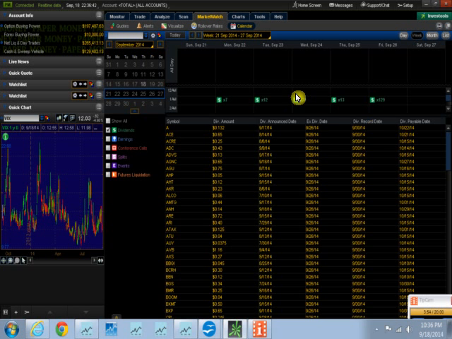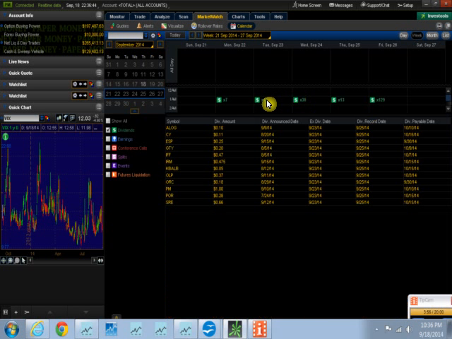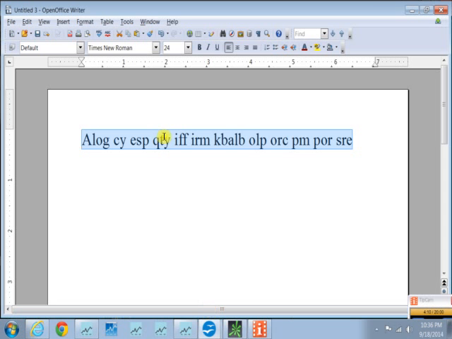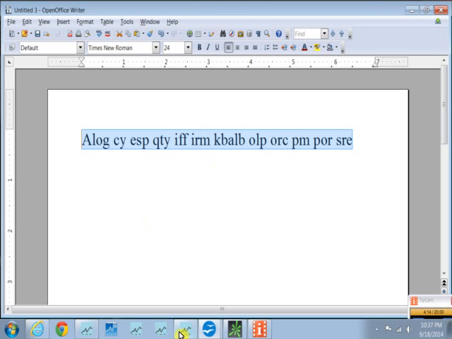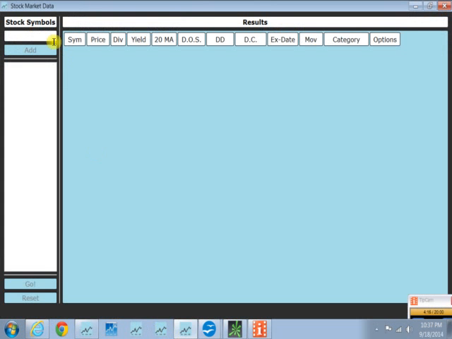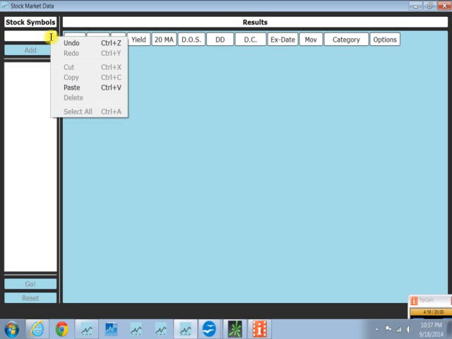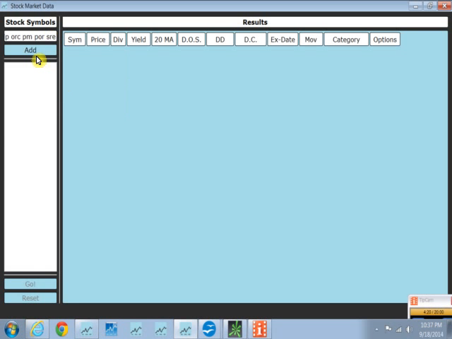Okay, so I'm going to quickly look at Tuesday. That will allow me to buy tomorrow or Monday and still qualify to collect the dividend on Tuesday. Now, I took these 12 symbols, I copied them, then I come over to my calculator, import them here, with a quick little paste, add, and then go.